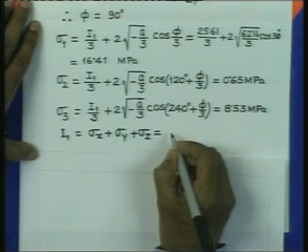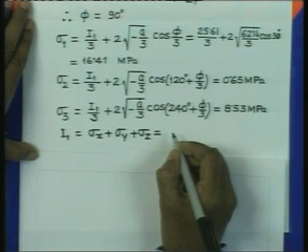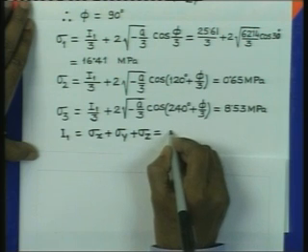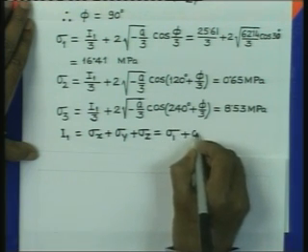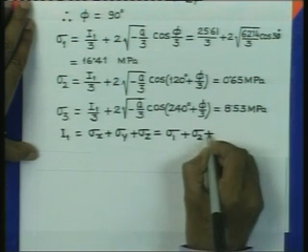If we consider our Cartesian system to coincide with the directions of the principal stresses, this must also be given by sigma 1 plus sigma 2 plus sigma 3.